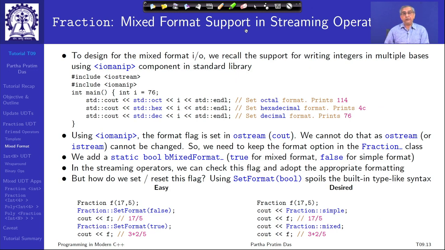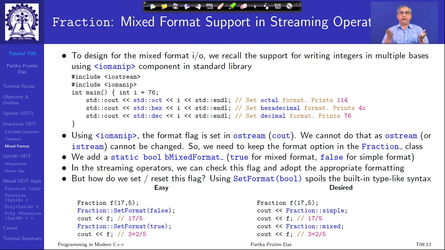So, the question is how do we implement this kind of a behavior? So, we just fall back and recall a similar support that we have seen in the standard library to, for example, print out integers in terms of different base of the number system.